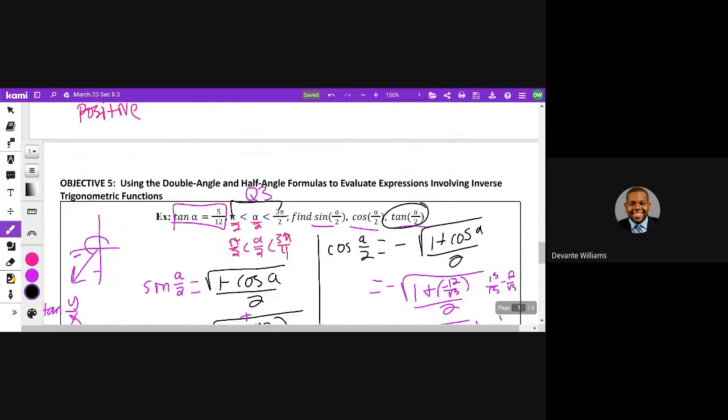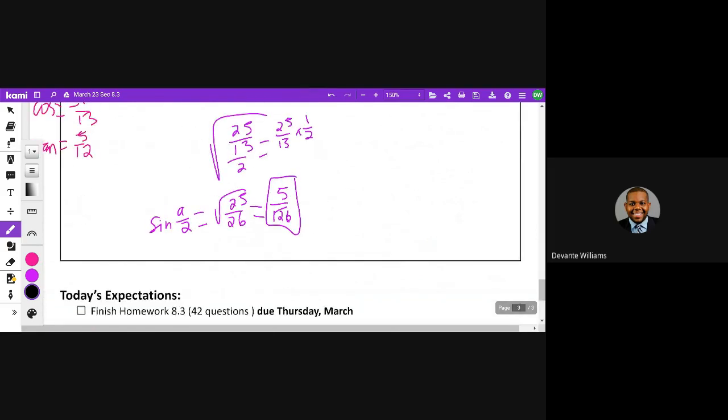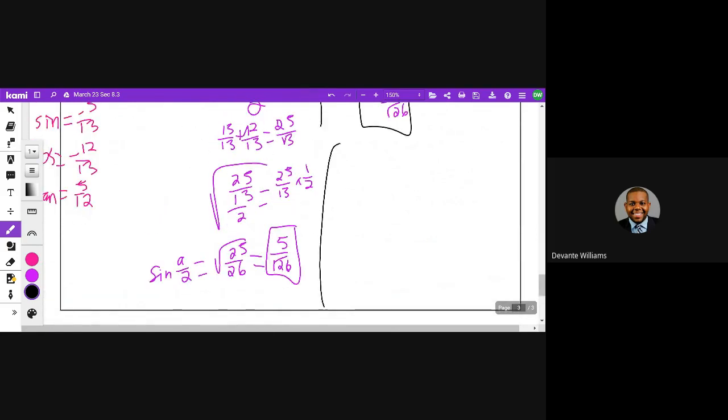So we know the tangent. Make some space here. Make sure you write small. So the tangent of the half angle is equal to, write your formula every time, the sine of alpha over 1 plus the cosine of alpha.